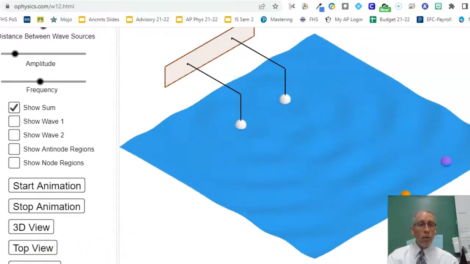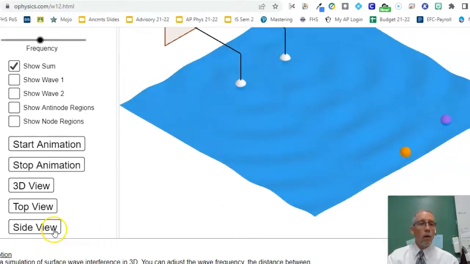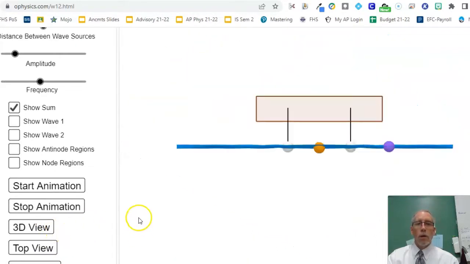Now let's look at it from a different perspective. Here again are the white things making the waves on either side. Here's the orange one right in the middle. You see how much it's going up and down? And here's the purple one with no motion at all, even though it's right next to this one.